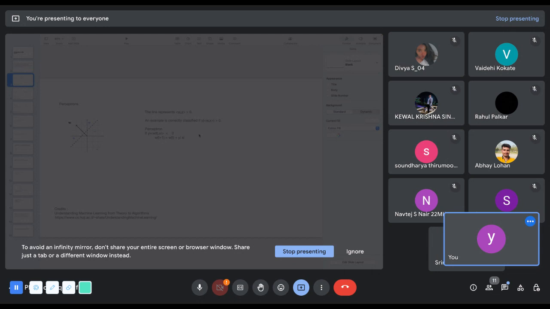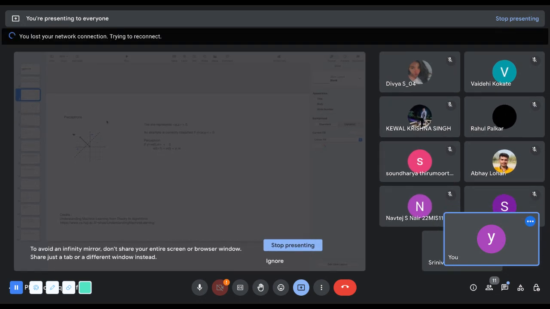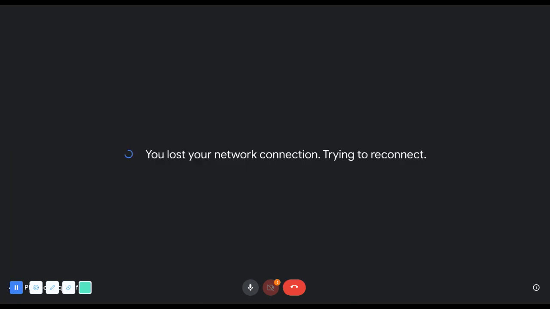It is very simple. So this dotted line represents your W transpose X is zero. That's a hyperplane. In two dimensions, this represents a line.